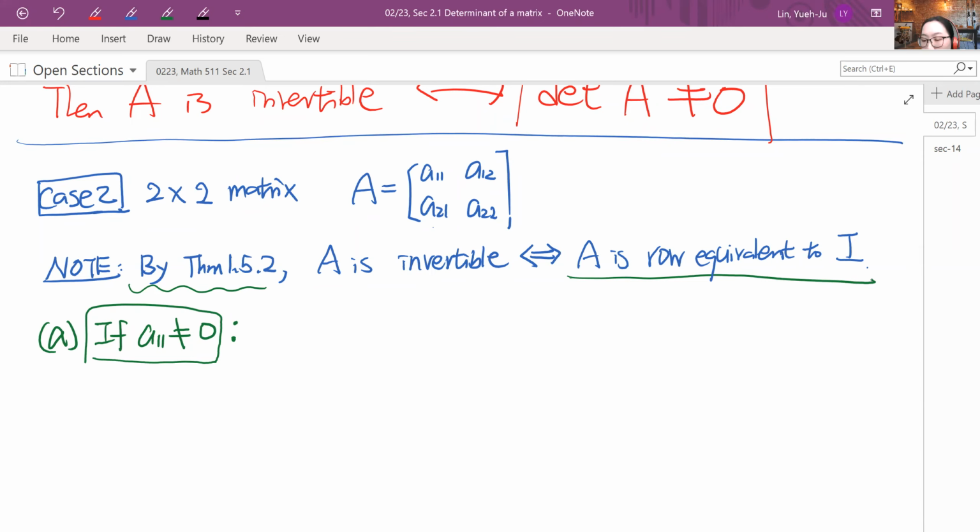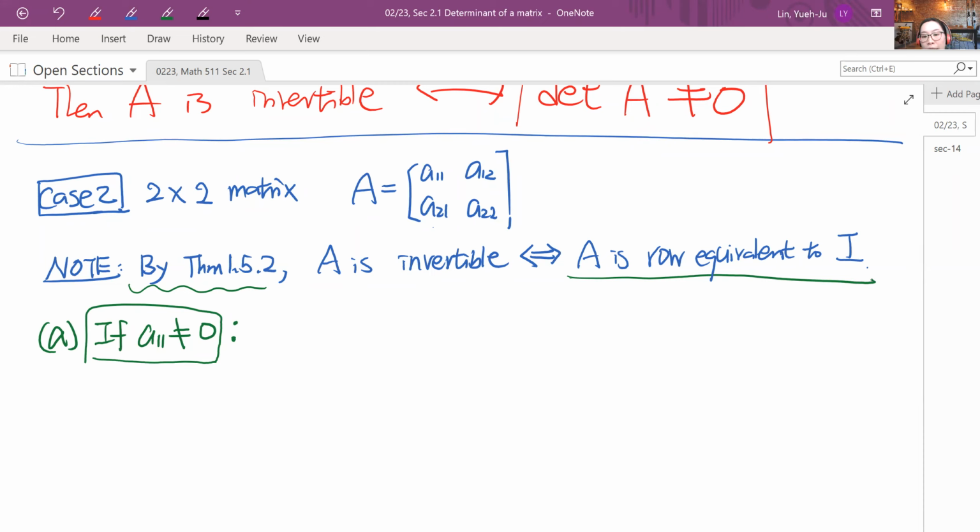What does it mean to be row equivalent? It means that after you do a bunch of row operations, like the process of Gaussian elimination, you can reduce A to identity, right? So that's the goal here. In order to turn A into identity, what is the necessary requirement?